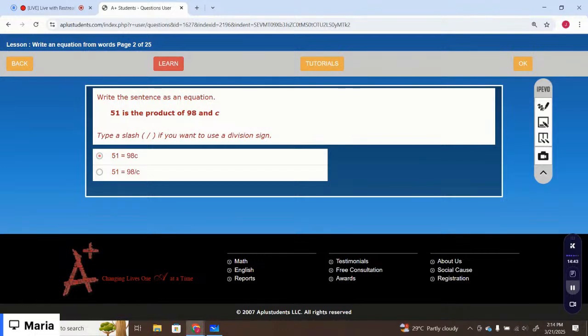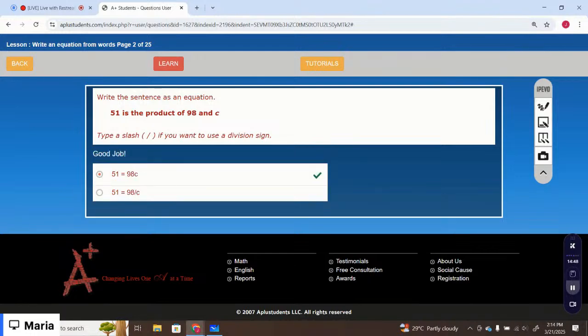Option number 1 is the correct option because of the product of 98 and c.